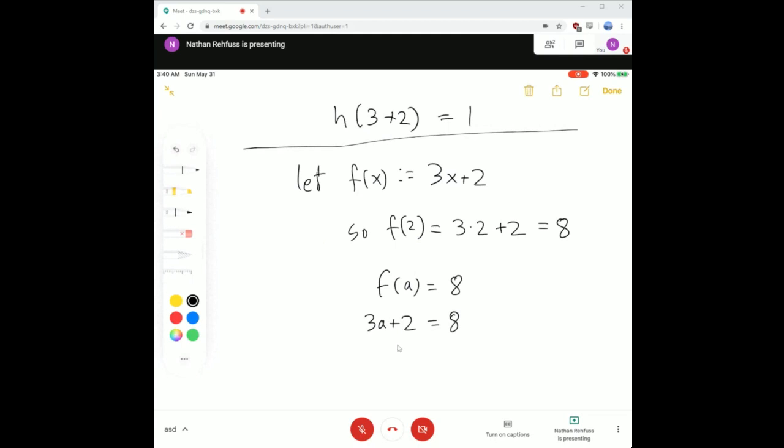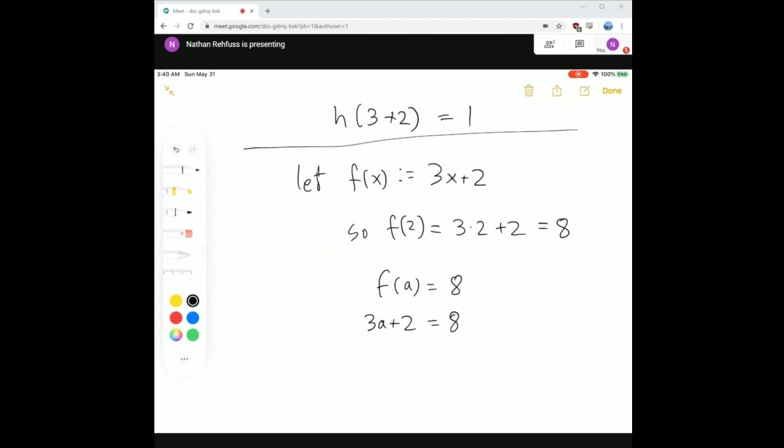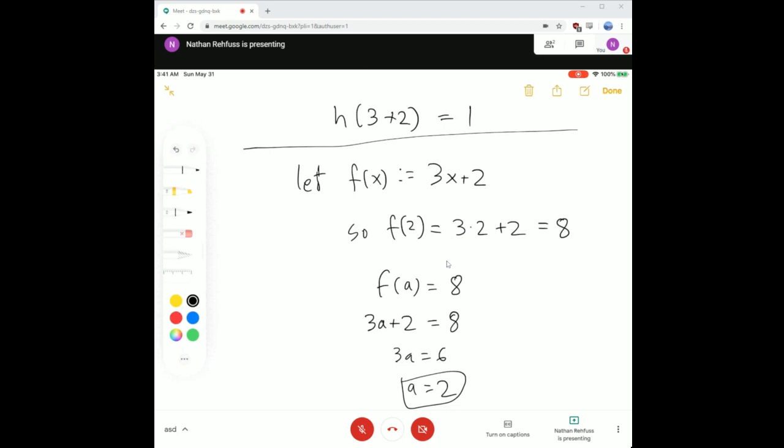So this is a common practice with functions, is to substitute the definition in. F of a is 3a plus 2. So I've plugged a in. Well, then I can do algebra with this. I can subtract 2 from each side. 3a equals 6. Divide both sides by 3. A equals 2. So if the output is 8, the only possible input was 2.